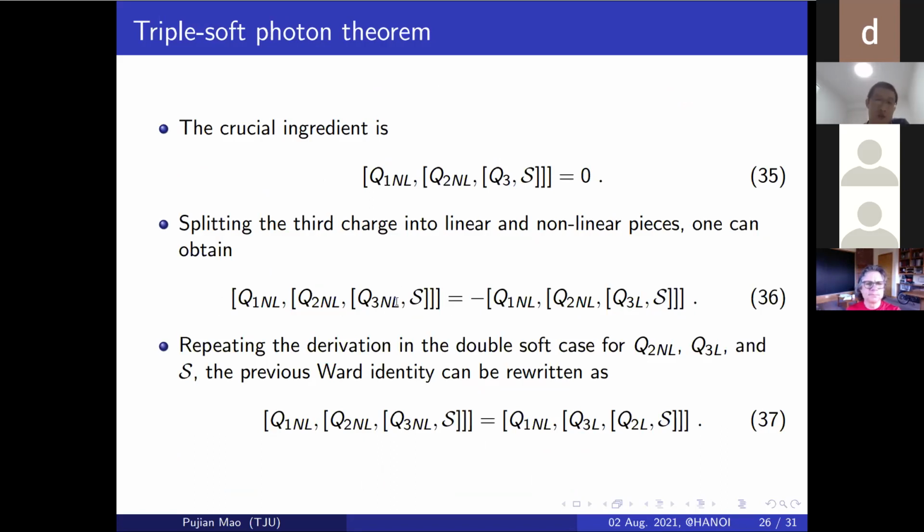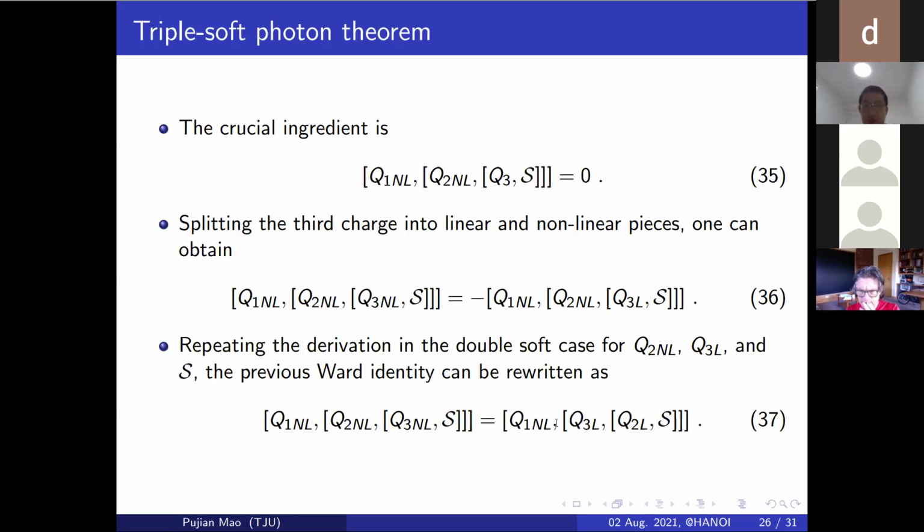And again, the crucial ingredient is that Q3 commutes with S. After splitting into linear and nonlinear parts, this is our starting point. And the first step is to repeat the double case, the result of the double case for Q2 nonlinear, Q3 linear, and S.